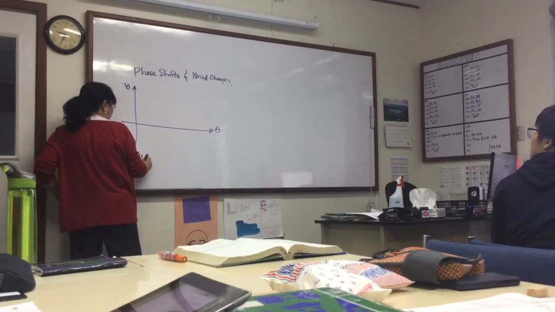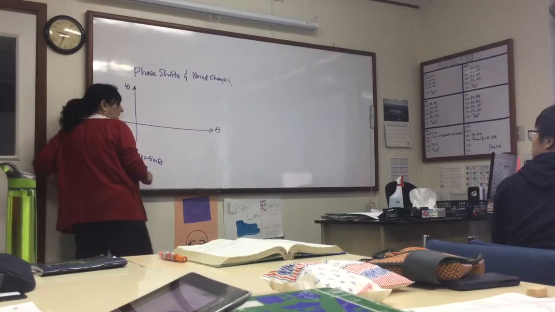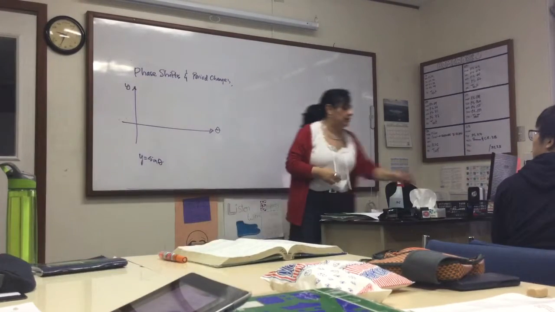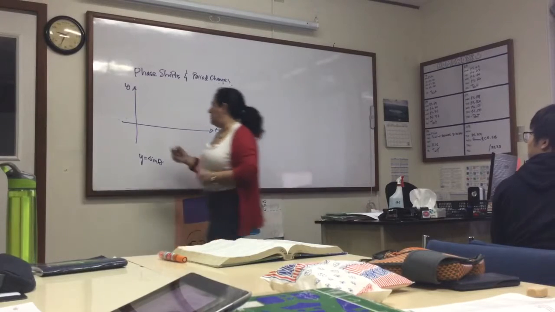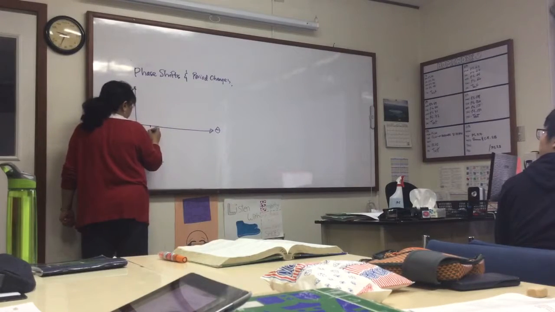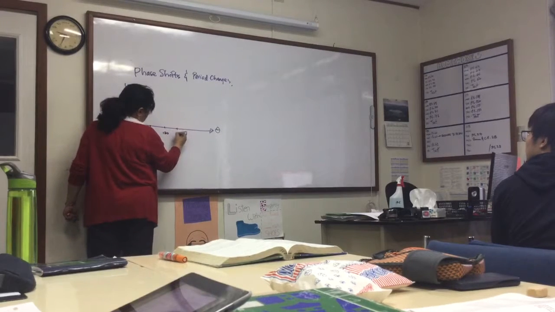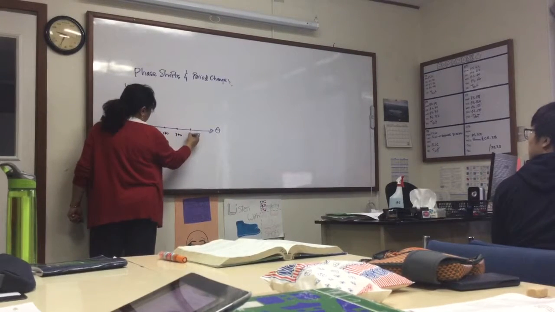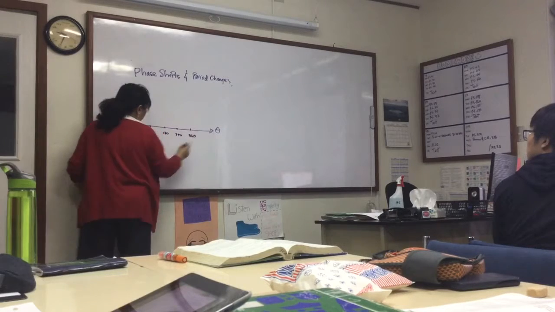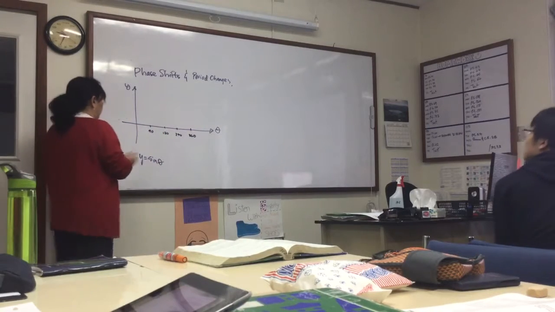Let's say that y is normally sine of theta. Sine theta starts at zero, then 90, 180, 270, 360. This is just a review.